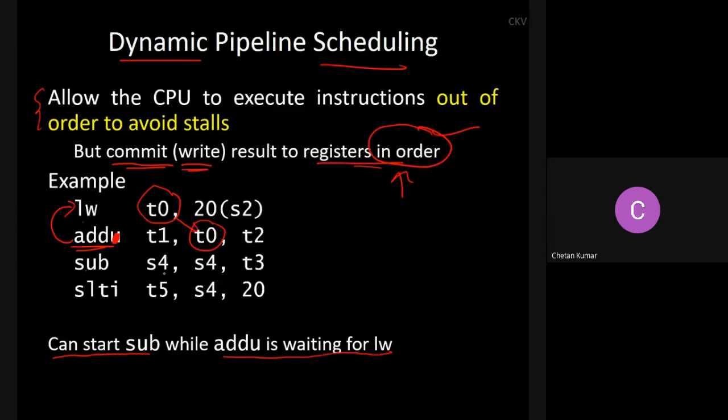Whereas when I say sub S4, S4, T3, is this instruction dependent on the results of these two? Can I execute this before the add instruction itself? It's very similar to the example that I gave you. Can I execute the sub instruction before the add instruction? So what should be available so that I'll be able to execute this before addition?